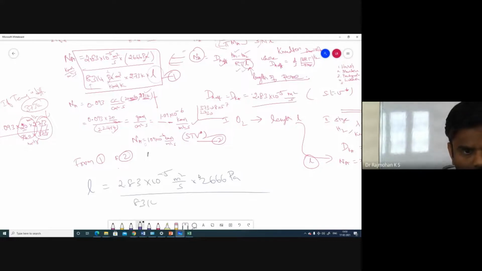Only Na to this side, L to the other side. 8314 Pascal meter cube per kilomole Kelvin into 273 Kelvin into the Na value. Let me check that the units tally, kilomole per meter square second.